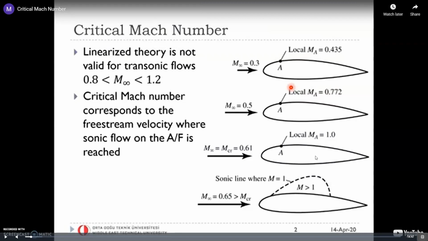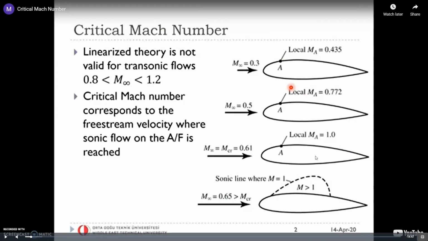Why is that so? The problem is when the free stream Mach number, M infinity, reaches certain levels, let's say more than Mach 0.65, Mach 0.7, the flow physics on the airfoil starts to change.